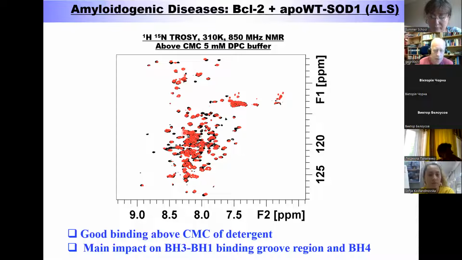We work a lot on this. We have different mutants. Some mutants don't show anything with BCL2, and some others do. The holo SOD does not show anything. So there has to be the APO state without metals to interact with BCL2.